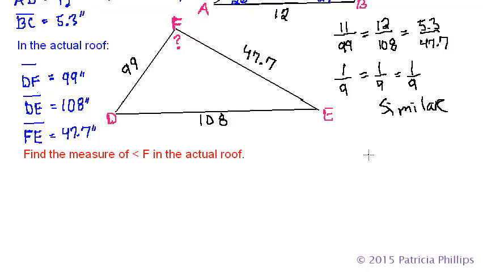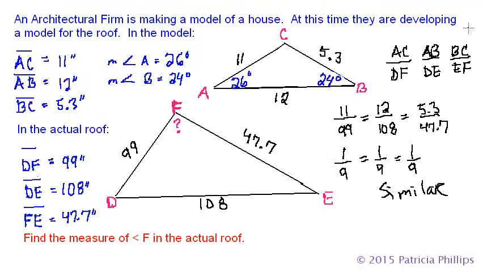So, this is what we're going to have to do. Well, let me scoot this back up. Since a triangle is 180 degrees with all of the angles that are in there, if we can figure out the measure of angle C on the model triangle, that should be the same value as angle F in the actual roof.